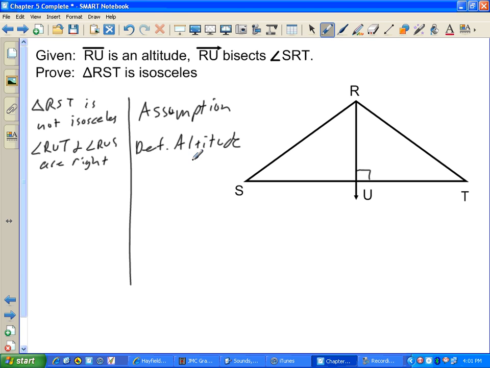RU bisects SRT, so that means that SRT, this big angle here, has been split into two congruent angles by RU. So I can say that angle SRU is congruent to angle TRU. That's the definition of bisect.